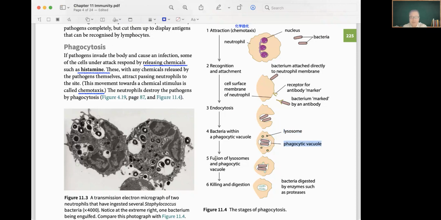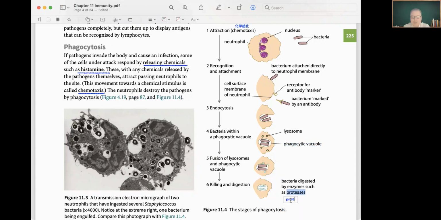The fifth step, fusion of lysosome and phagocytic vacuole, and last, the lysosome and macrophage will kill and digest the bacteria. So the bacteria, after being digested by the enzyme such as protease, protease in Chinese 蛋白水解酶. Write them down.